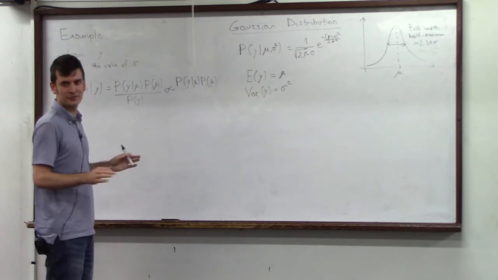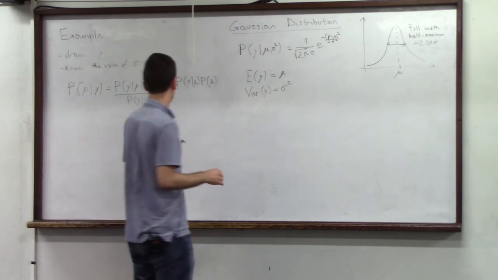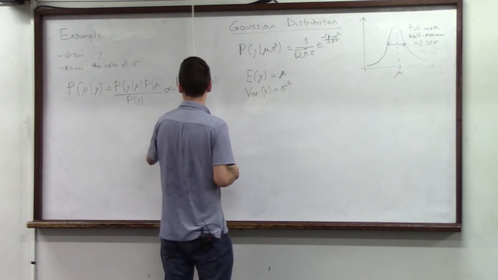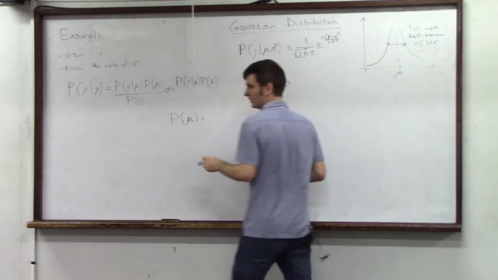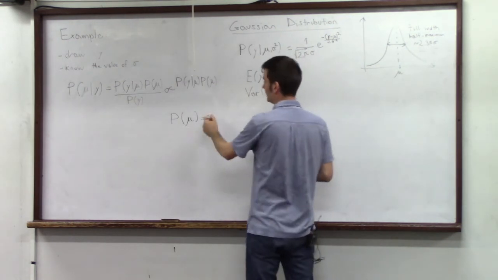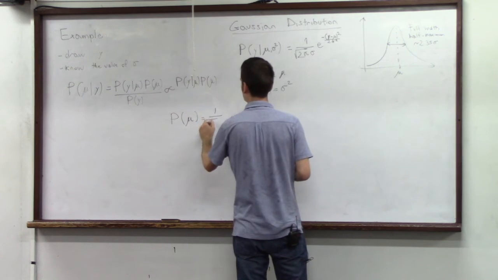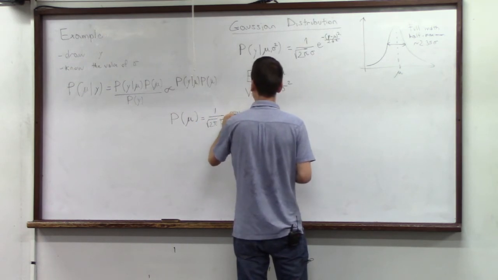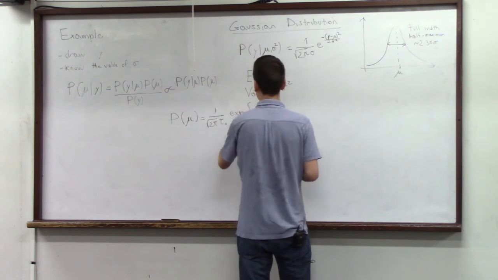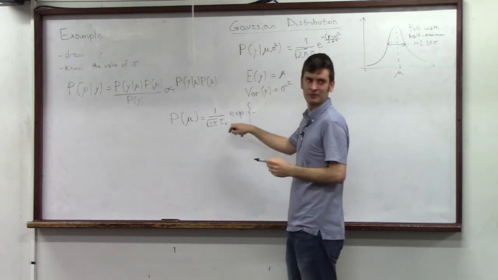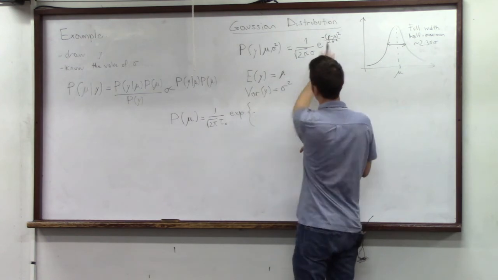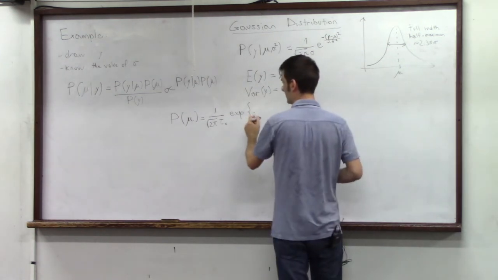Okay, so for the sake of this exercise, we're going to take a prior that is also a Gaussian. And I'm going to use this notation a lot, exponential, instead of writing this.